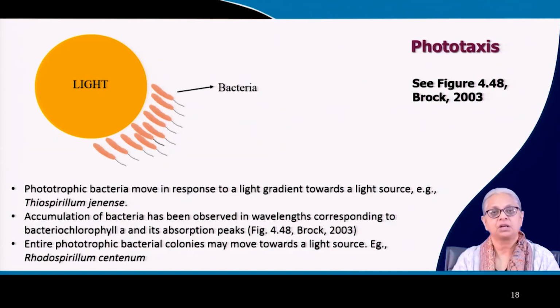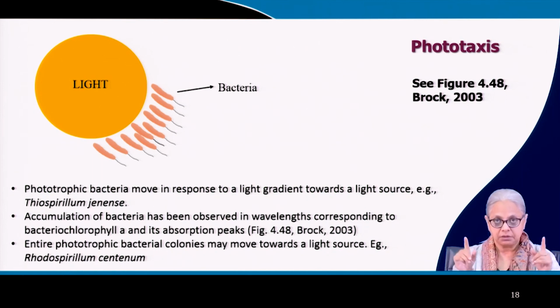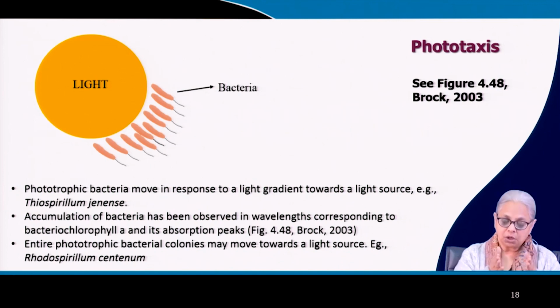Another example that's very interesting is based on the chlorophyll. We know that chlorophyll has absorption peaks at certain wavelengths. It was found in one particular experiment that if you have a glass slide exposed to different wavelengths of the visible light spectrum, particular species were congregating literally in those wavelengths which corresponded to the wavelengths of the bacterial chlorophyll absorption peaks.